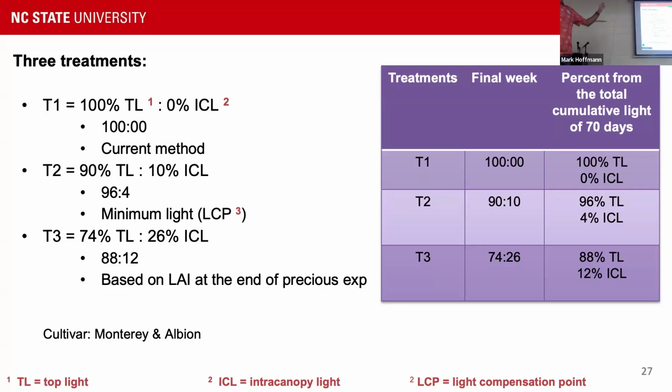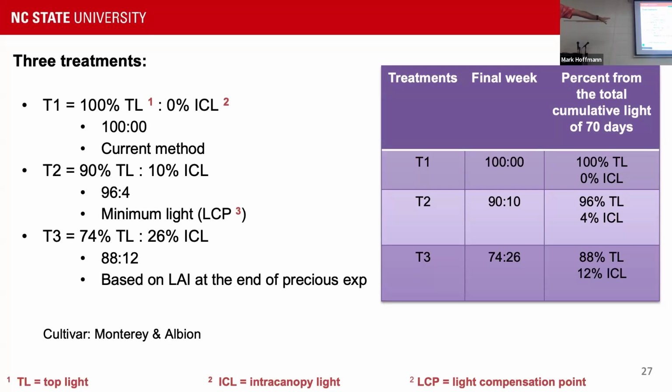The second one, we had 90% top, 10% intercanopy during the production. But in the first 6 weeks of this 10-week period, we did not turn on the intercanopy lighting because we did not have a runner and we did not want to waste the photons. For the total production period, you can see the percentages are different.